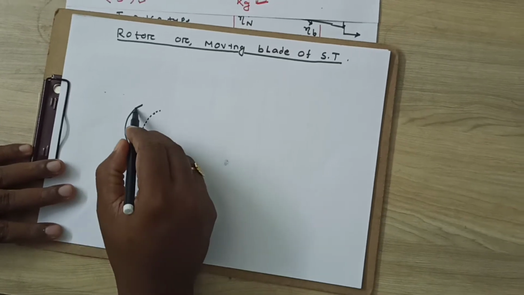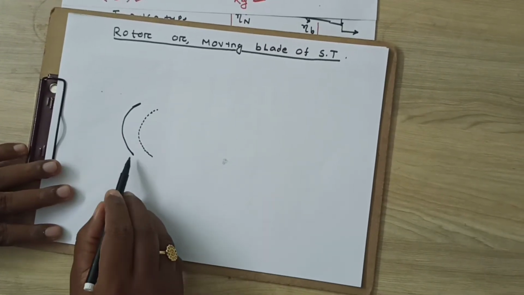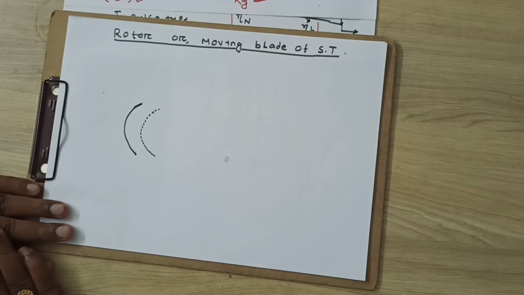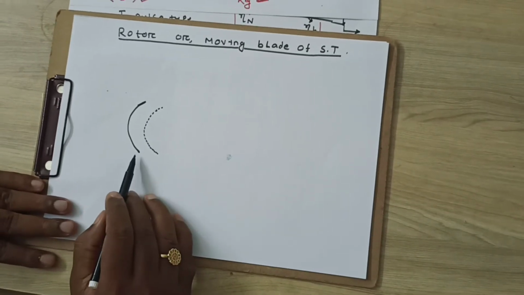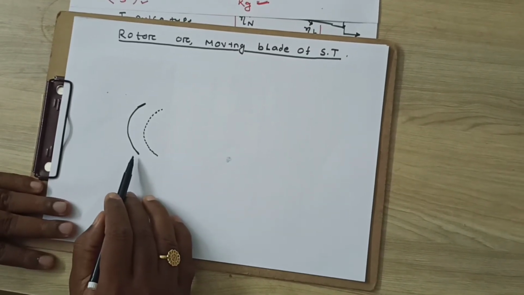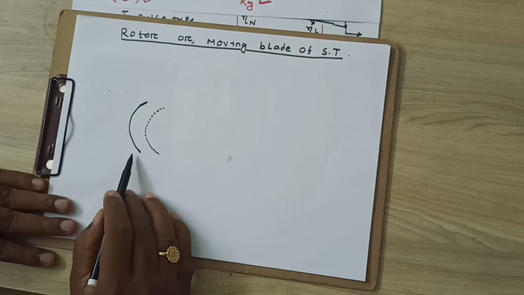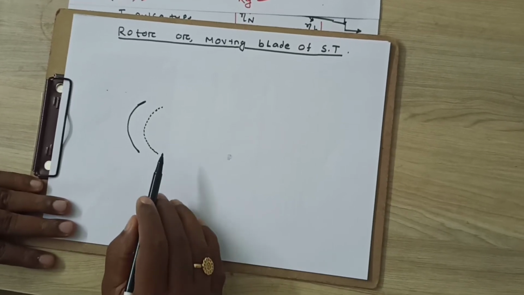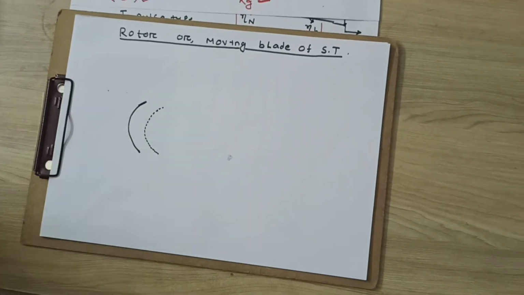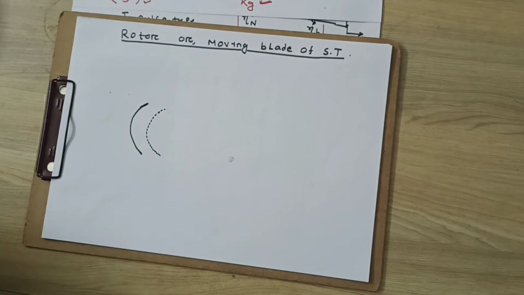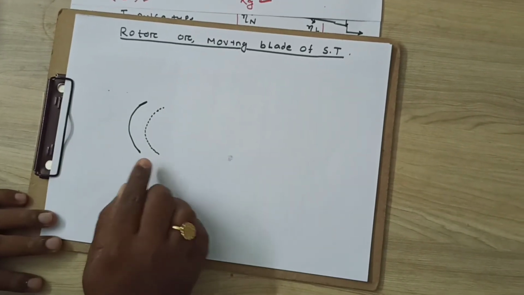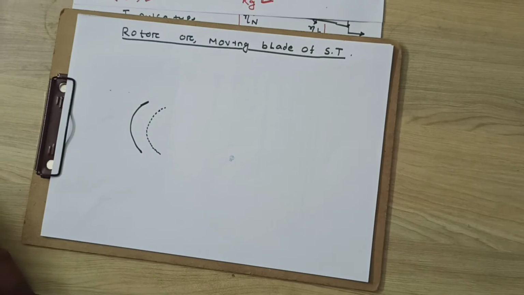Why am I making it dotted and solid? Because at a later stage the blade will be at this position, that's why it is solid here and dotted there. This is the first step.